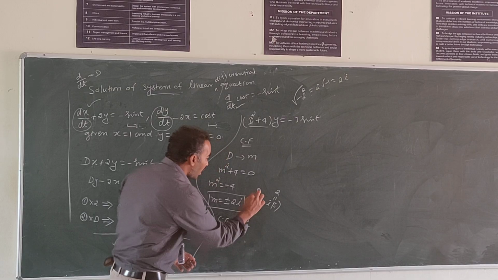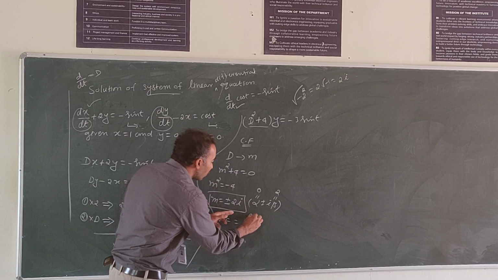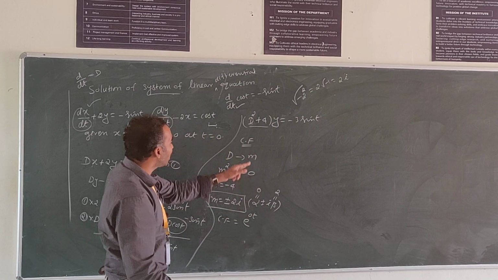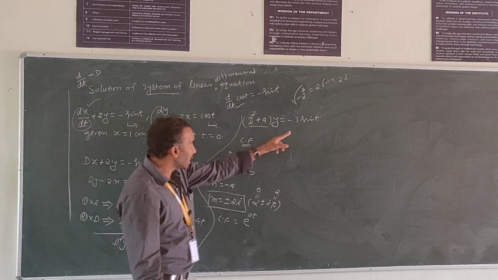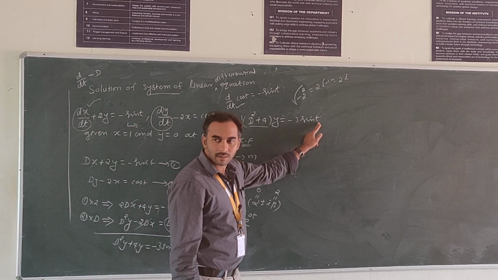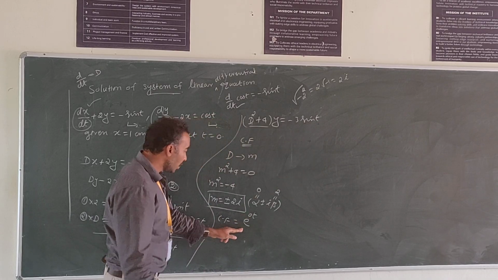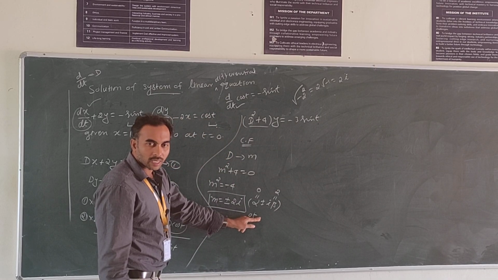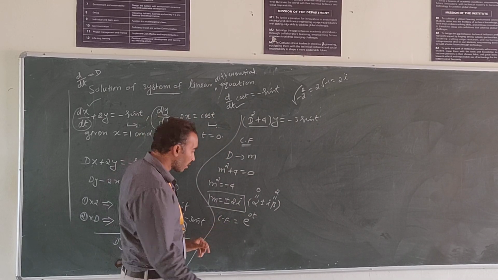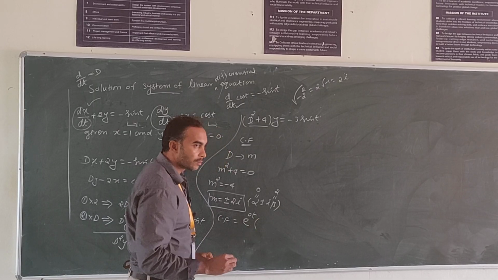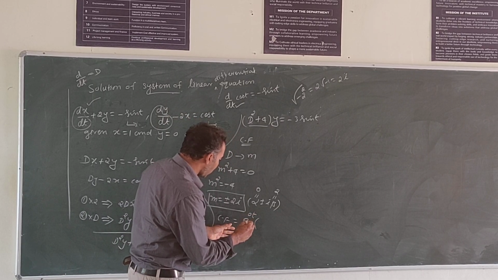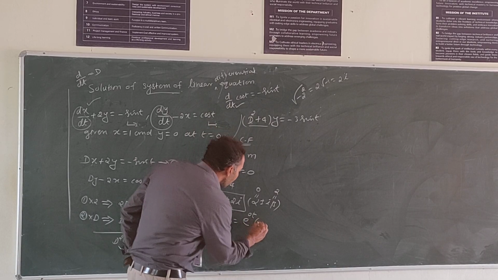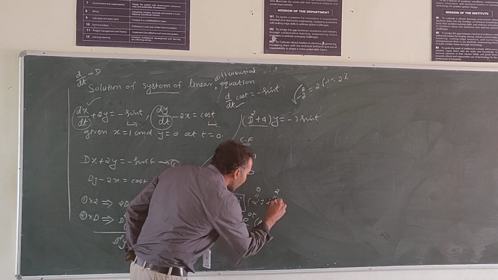e power alpha x. Here instead of x, we have to put t, because the variable on the right side is t. So e power 0 t, into a cos beta x.